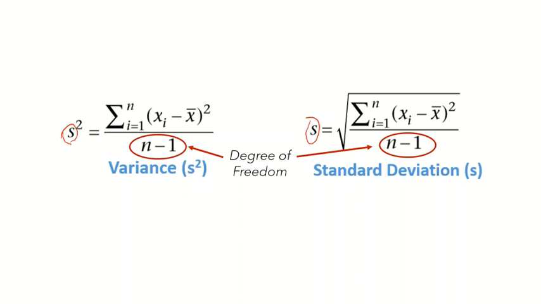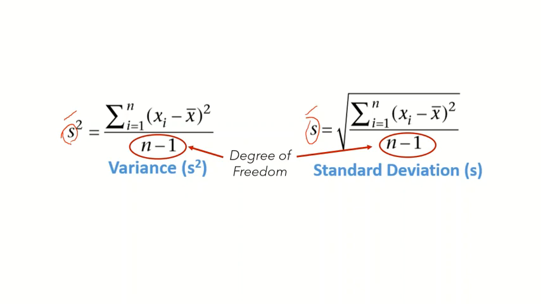But here's the question. Why do we need to subtract 1 from our number of samples when we solve for the sample variance and sample standard deviation?